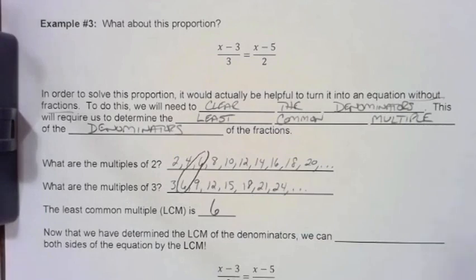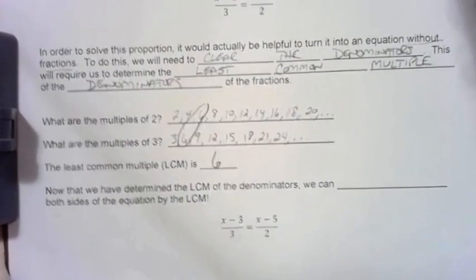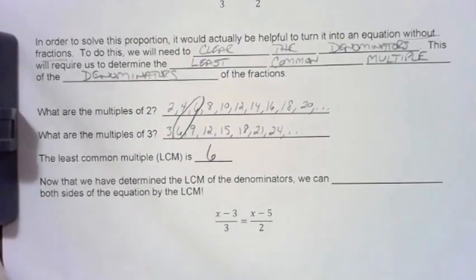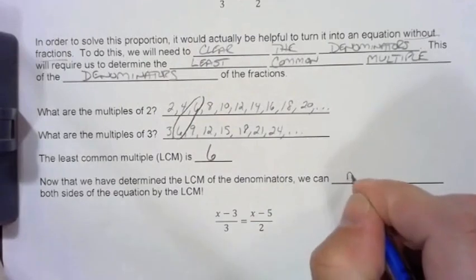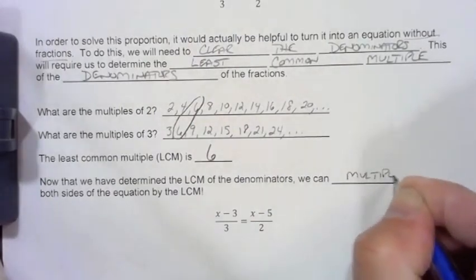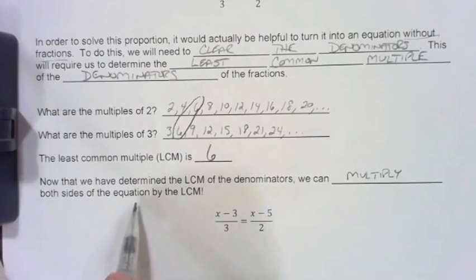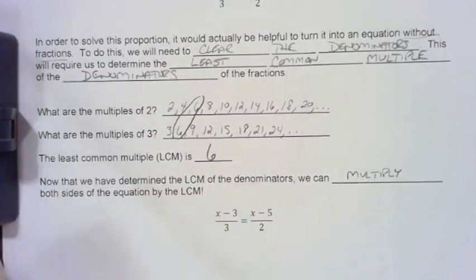So why is knowing the least common multiple important? Because now that we have determined the least common multiple of the denominators, we can multiply both sides of the equation, both sides of our proportion, by the least common multiple. When I multiply each side by 6, I'm going to be able to clear out my denominators.